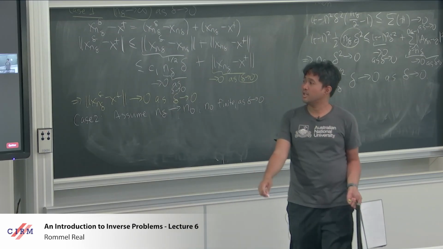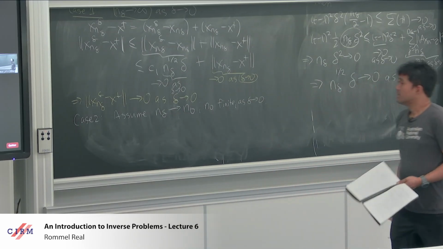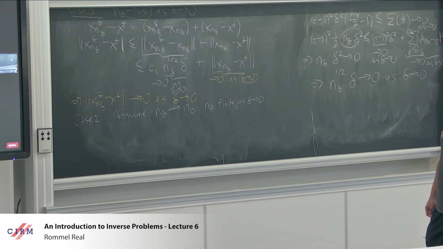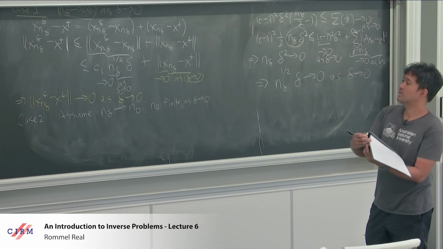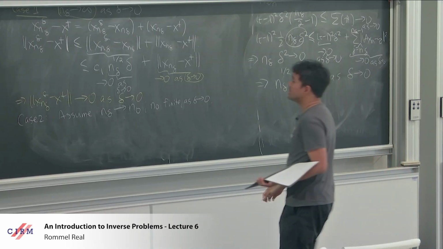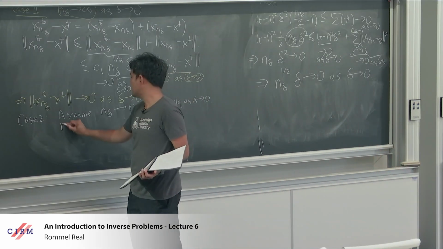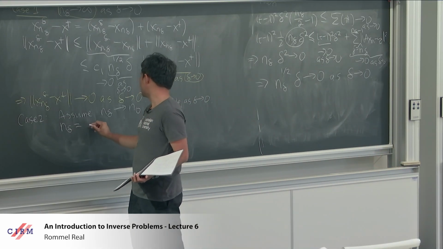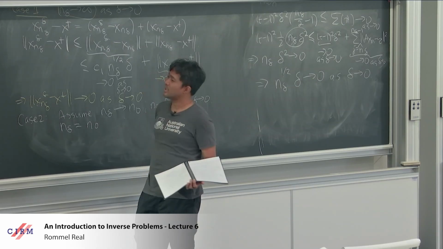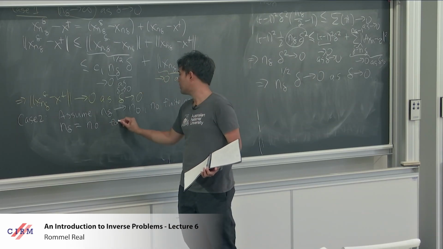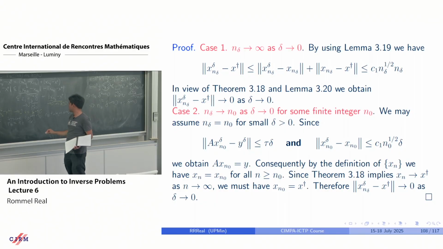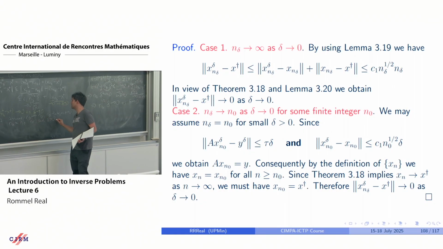Okay, and then we may assume that when delta gets small, the regularization parameter equals that finite number for some small noise level.